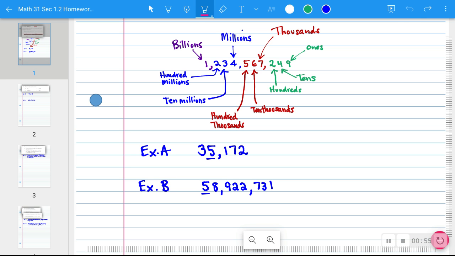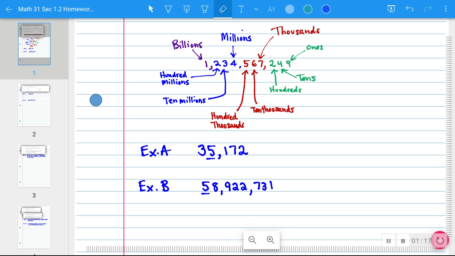And then it goes thousands: 100,000s, 10,000s, and then thousands themselves. And finally the ones period, which is the hundreds, the tens, and the ones. And they're all listed there, so when we start doing these problems, we're just going to refer to that little chart.